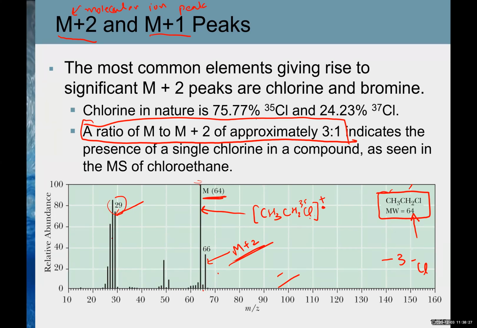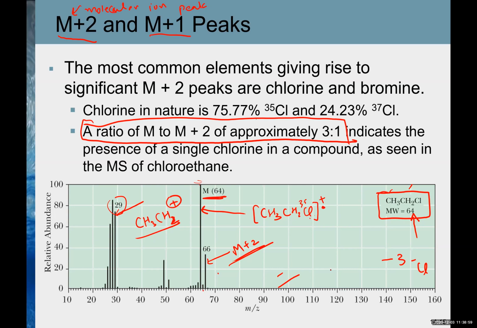I can clearly guess because I know what 29 usually is. 29 usually is this fragment, this ethyl. You can count the masses, right? Ethyl is 29. So whenever we have a long chain compound and it breaks up, one of the common fragments is ethyl. And ethyl always shows up at 29 because that's the mass of the ethyl fragment.